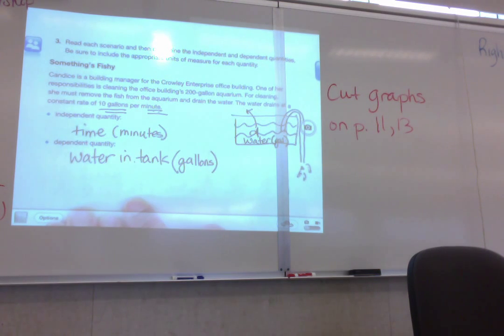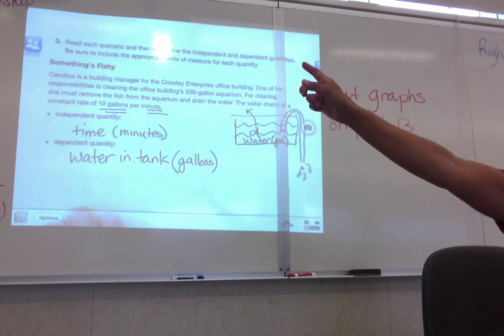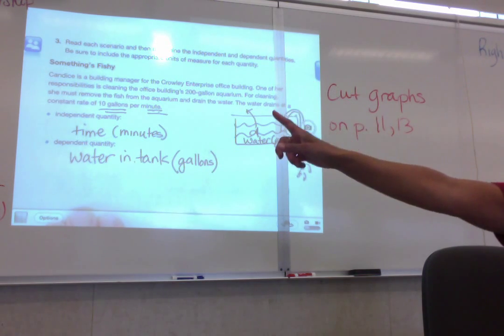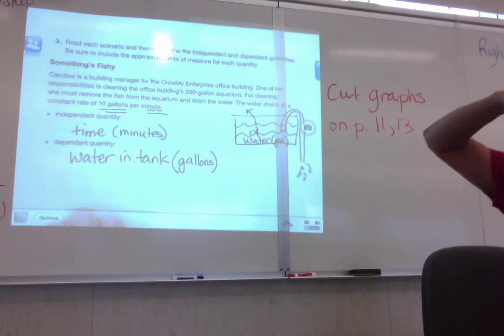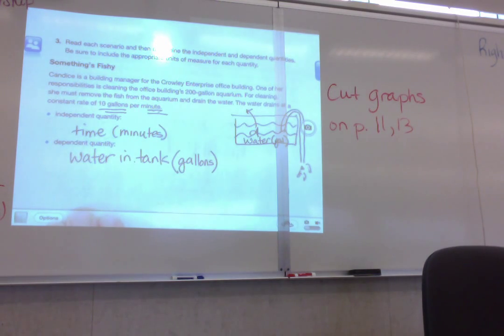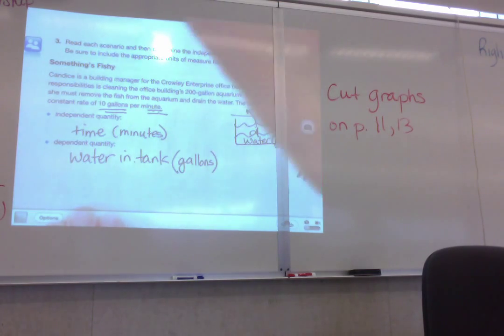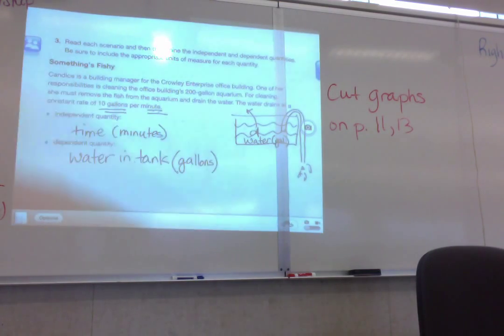High, and then it's draining at a constant rate, so that's different than the cooling of the tea. We hypothesized that the cooling of the tea would kind of level out and slow down, but a constant rate should be a straight line. Every single minute it goes down the same amount of water.